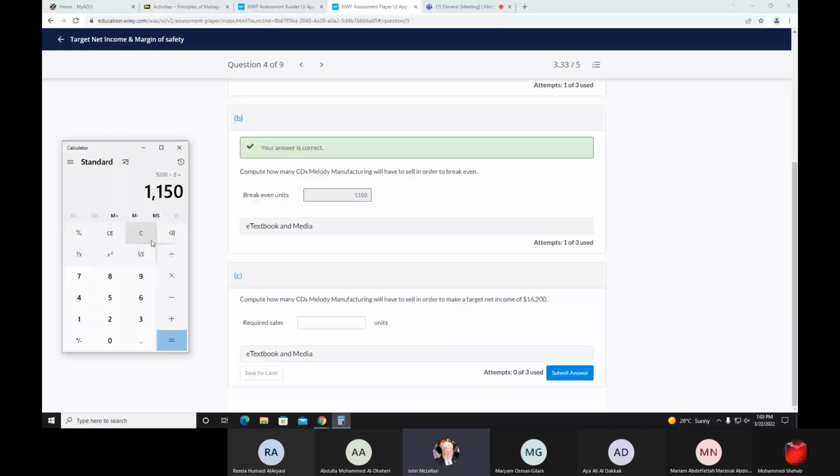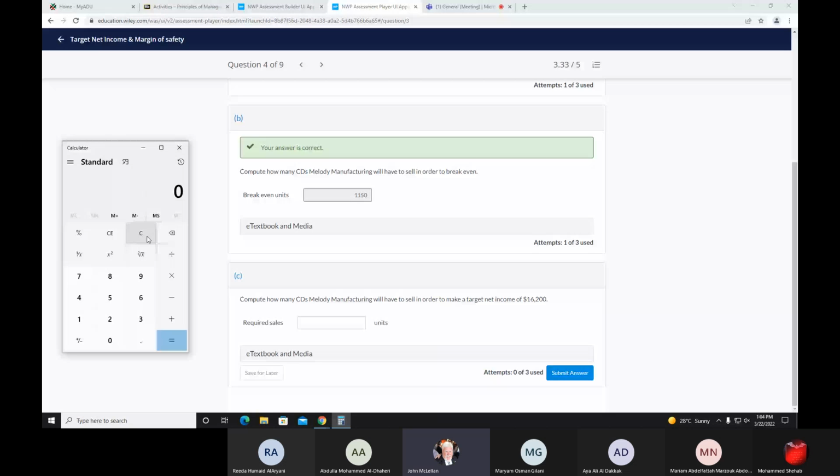Now, not only do they want to break even, they want to determine how many units. Calculate how many CD units do I have to sell to give me a profit of 16.5. So you take the target net income and you add it to the fixed costs.